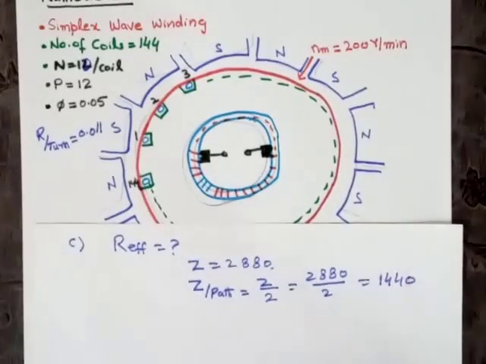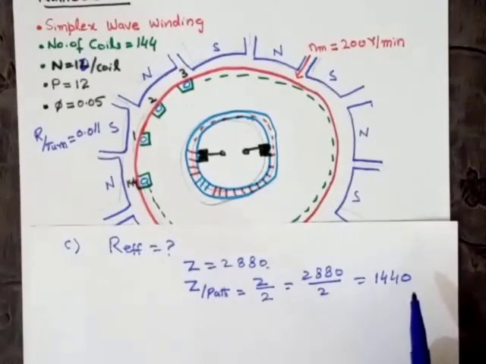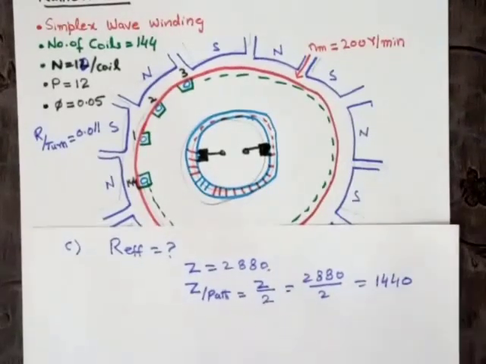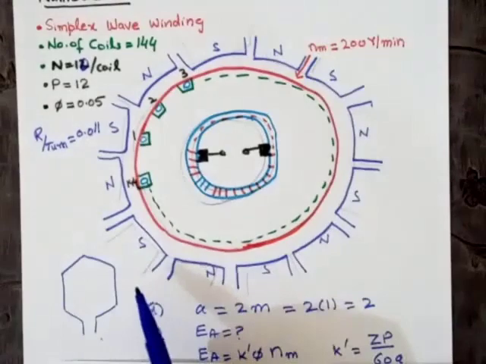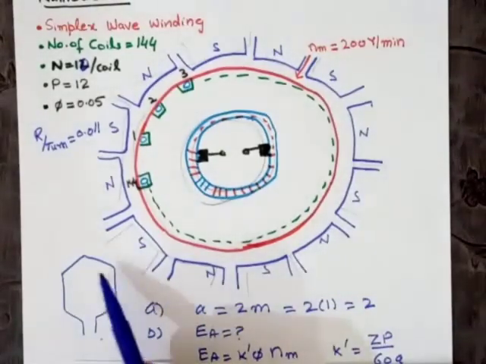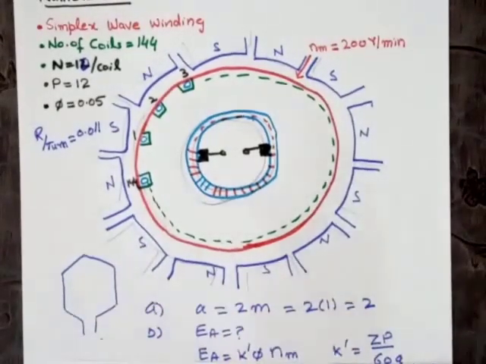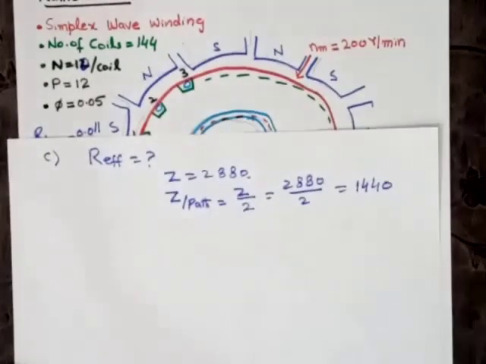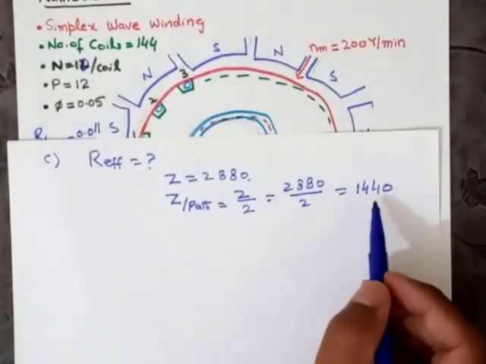As we know, 1 turn is equal to 2 conductors. As you can see in this figure, this is a single turn. The total number of conductors in a single turn is 2. Here the total number of conductors is 1440.